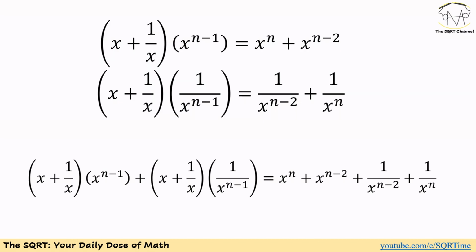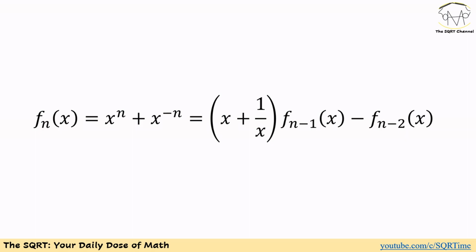If you notice, we have something that we can factor out on the left hand side, and on the right hand side we have some common terms that we are going to reveal in a bit. To be specific, we are going to write x to the power of n plus x to the power of minus n as x plus 1 over x times f of x for n minus 1, minus f of x for n minus 2.